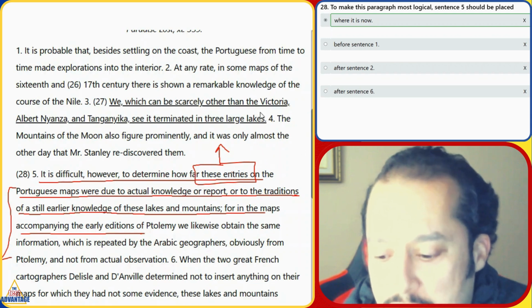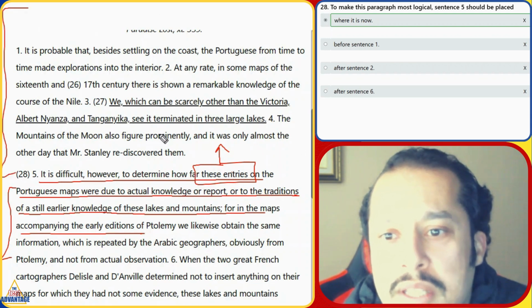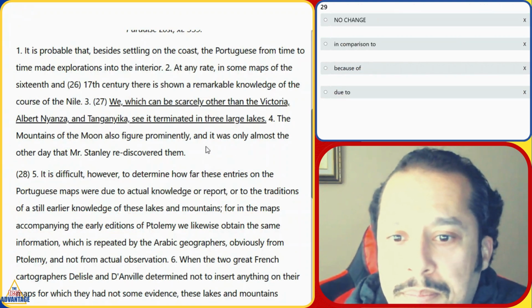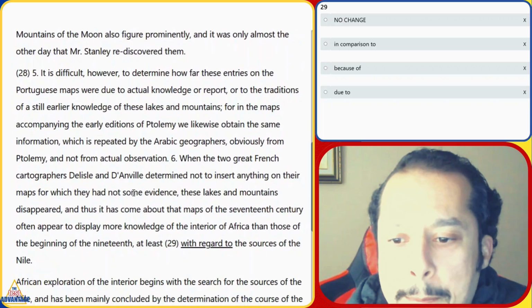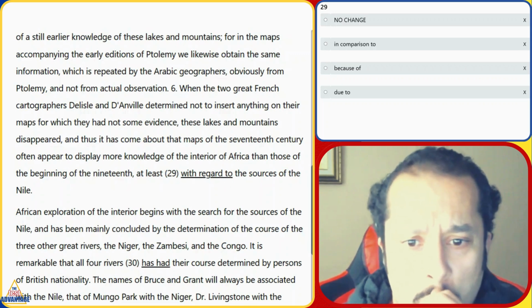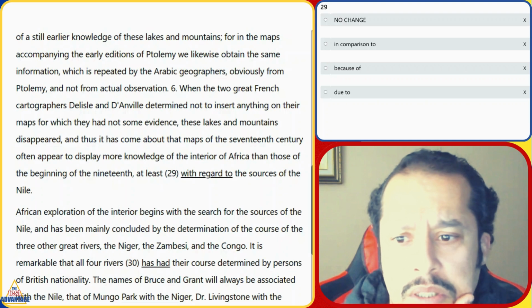Where are these entries? Here. In each country, entries. So that's the best place here. I'm going to say answer A. Number 29. "The interior of Africa than those of the beginning 19, at least with regard to the sources of." Okay.